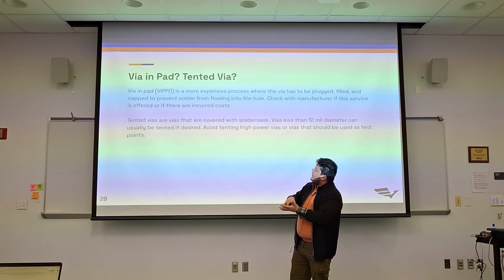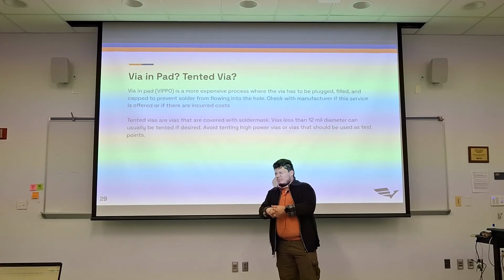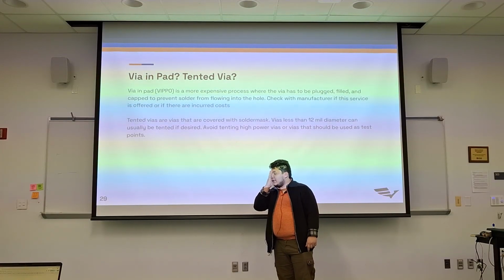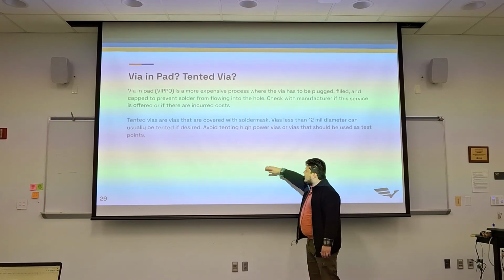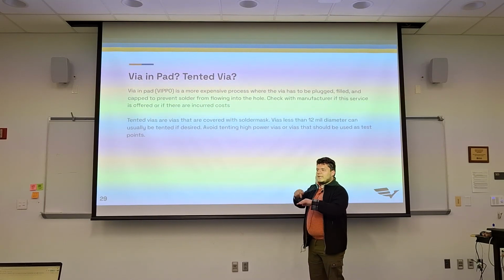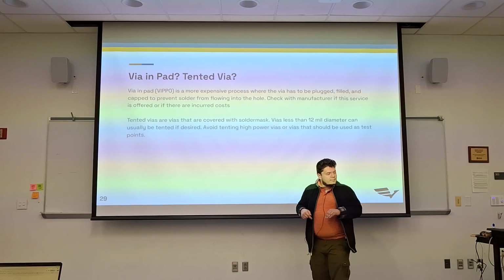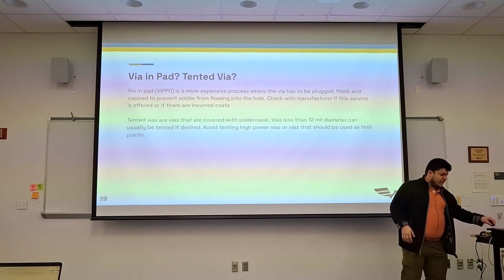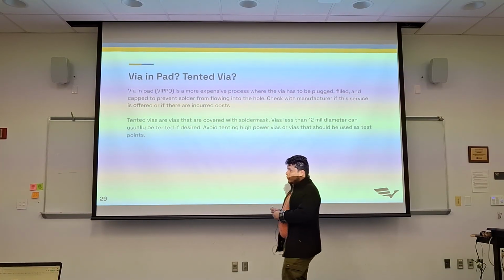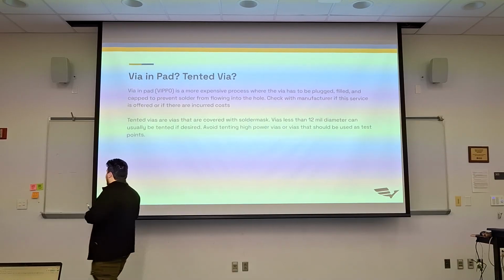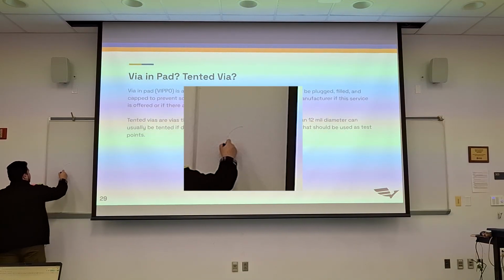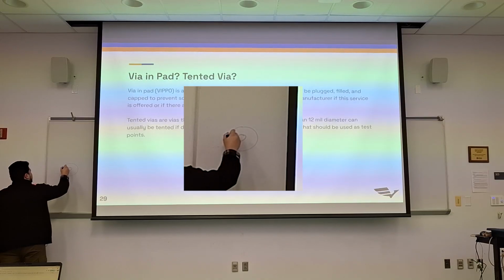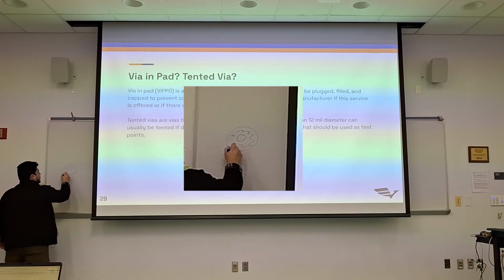And then the other thing is tented vias. These are a little simpler, because tented vias simply mean that the via has solder mask on top of it, so you can't actually access the via. If you don't tent it, and this is a choice that you can make in your board setup, leaving your via exposed allows you to use this copper as a test point.